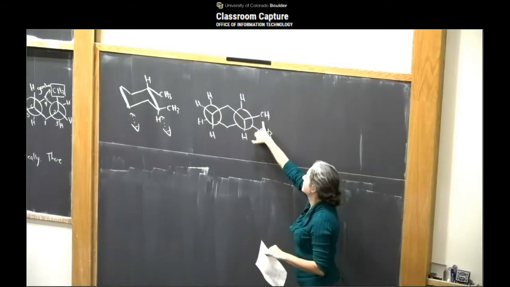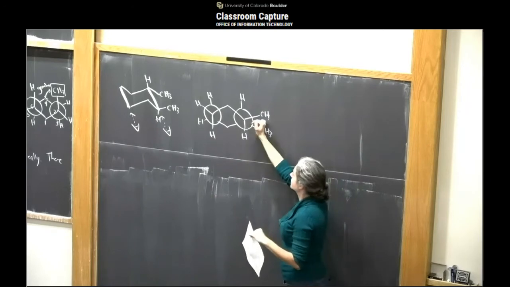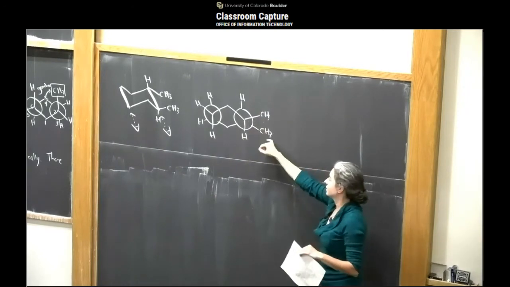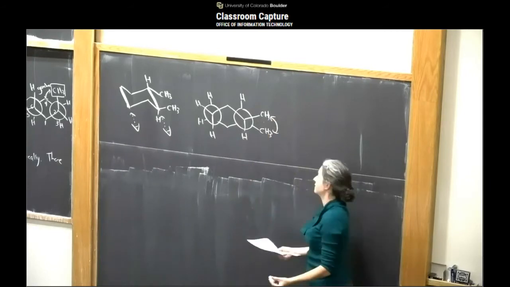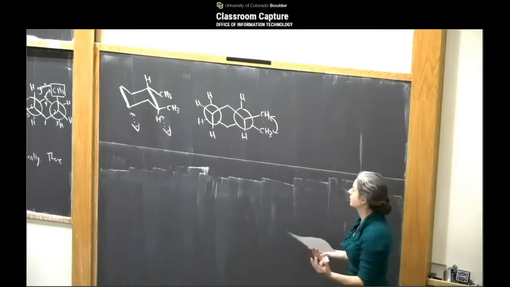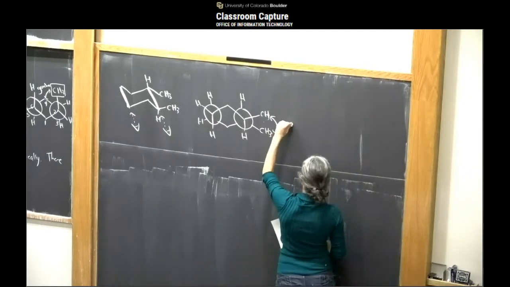Okay, so in this case, neither of the CH3s is having a gauche interaction with any part of the ring, but they are still on adjacent carbons and they're only 60 degrees apart from each other, so this would also count as gauche.